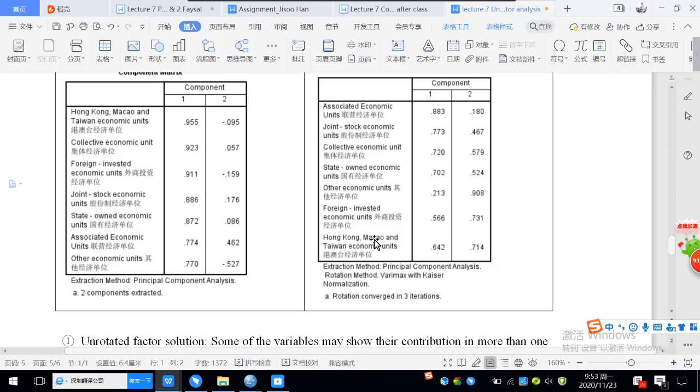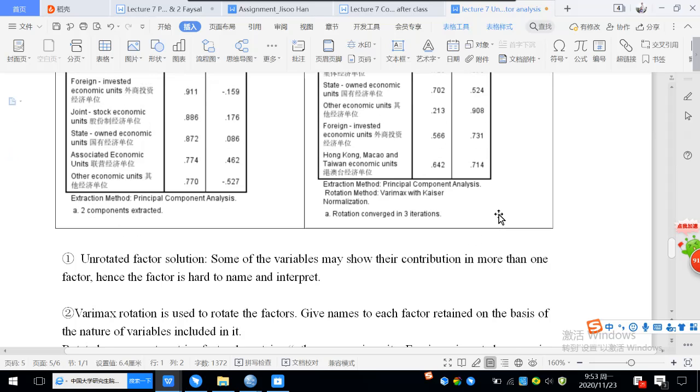Hong Kong, Macau, and Taiwan economic units also has the bigger coefficient in component 2 than in component 1. So that means we can say that component 2 mainly can be explained by these 3 variables. Okay, so we can use these 3 variables to name the factor 2, or we can say component 2 or factor 2.